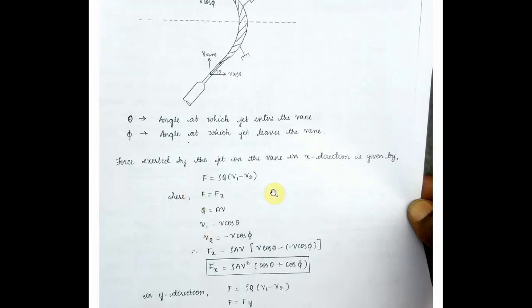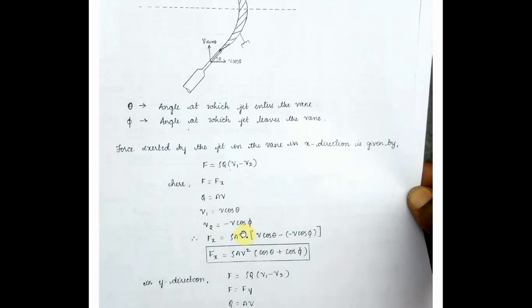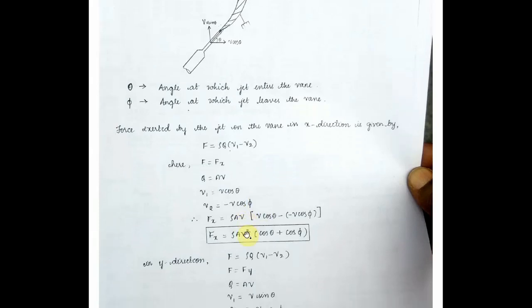Okay, so the force exerted by the jet on the vane in the x direction is given by F equals rho into Q into (v1 − v2), where F is Fx and Q equals a into v, v1 equals v cos theta and v2 equals minus v cos phi, minus because it is opposite to the flow.